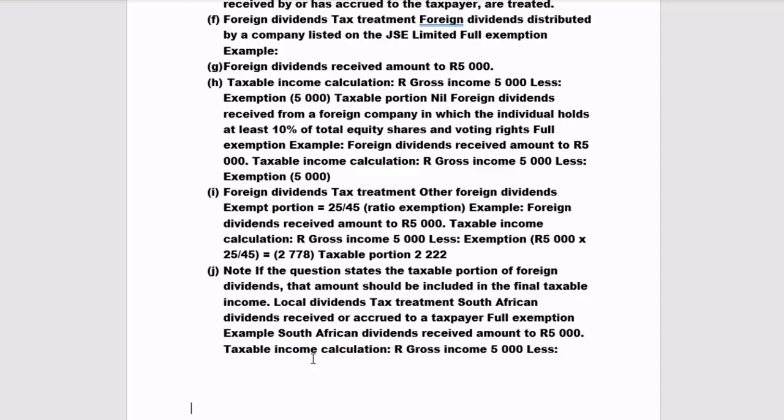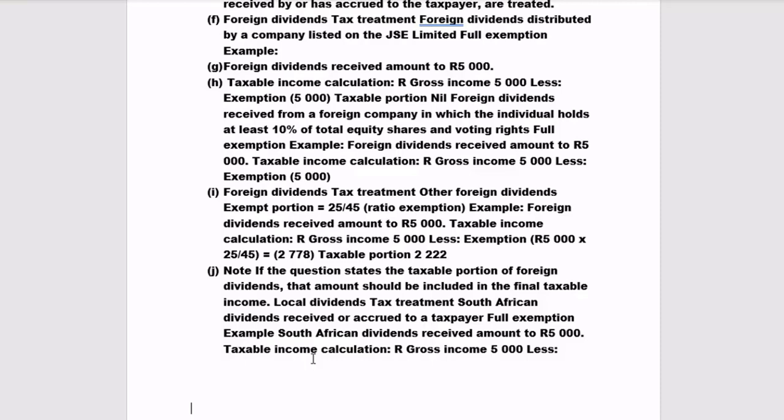So what you specifically do is take 5,000 rand, multiply by 25, and divide that by 35. I hope you've got that kind of an example. It results in an amount of 2,778 in that example. If the question states the taxable portion of the foreign dividends, that amount should be included in the final taxable income.